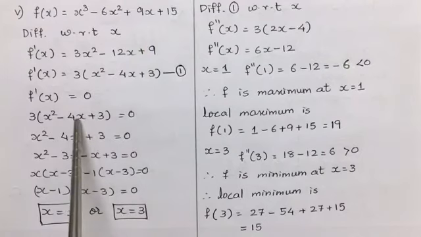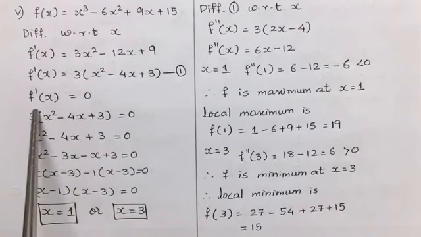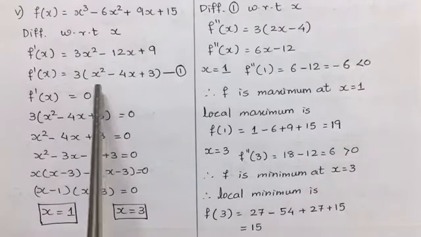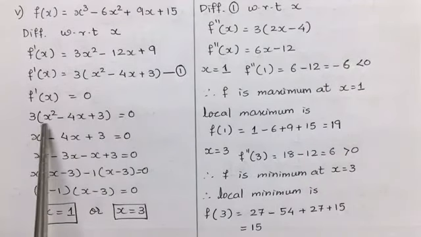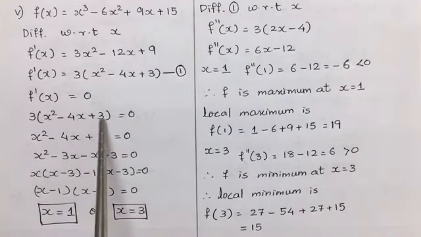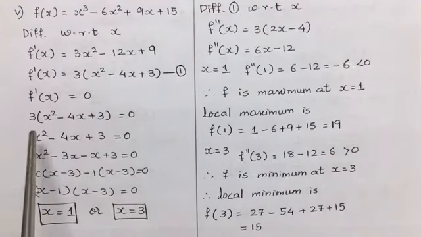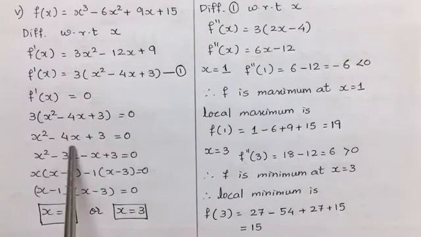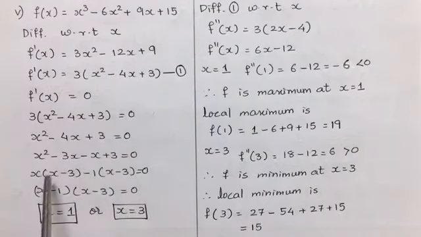To calculate the value of x, the first derivative is equated to 0. So equating the first derivative, 3 into the bracket x square minus 4x plus 3 equal to 0. Taking 3 to the other side, we get x square minus 4x plus 3 equal to 0. Going for splitting of the middle term, the splits are minus 3 and minus 1.